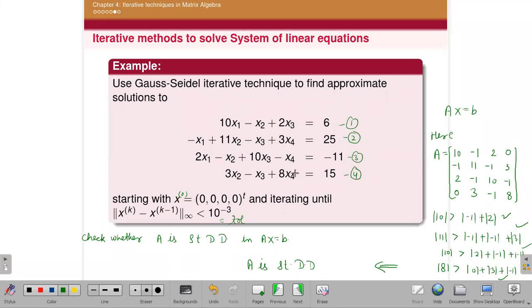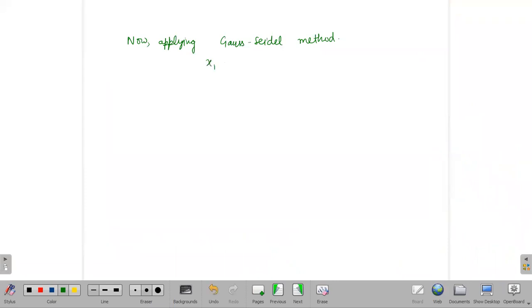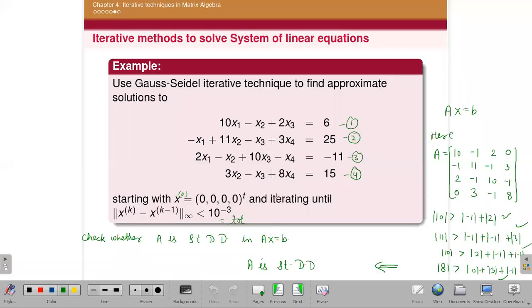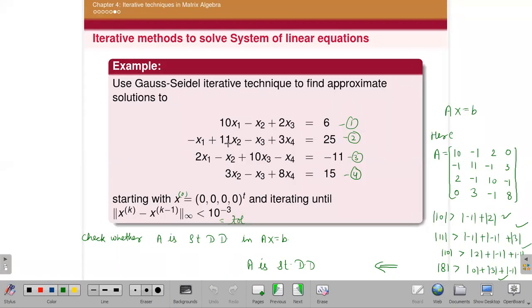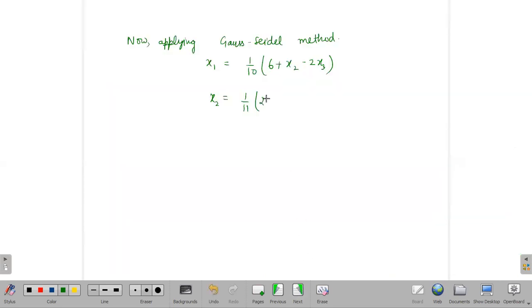So write x1 from the first equation: x1 is equal to 1 by 10 times (6 plus x2 minus 2x3). Okay, x2 is 1 by 11 times (25 plus x1 plus x3 minus 3x4).